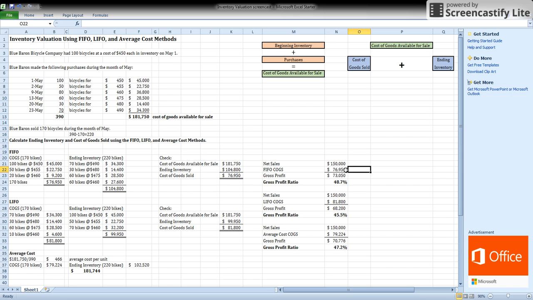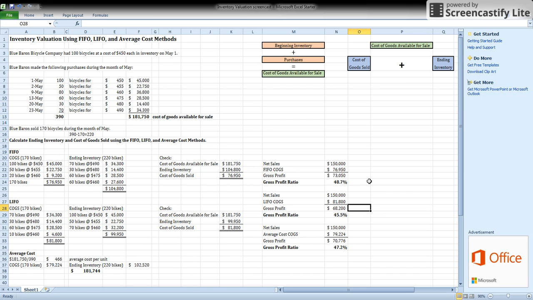So if you subtract your cost of goods sold from your net sales, this will give you a gross profit number. Now, if we look at net sales and LIFO cost of goods sold, you can see that our cost of goods sold was higher using LIFO, and we ended up with a gross profit number that was lower than we did when we used FIFO. And our average cost number is going to be in the middle.